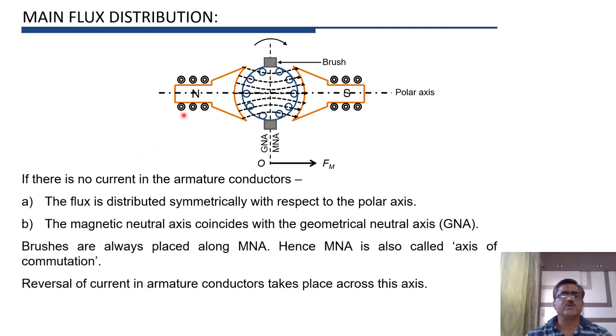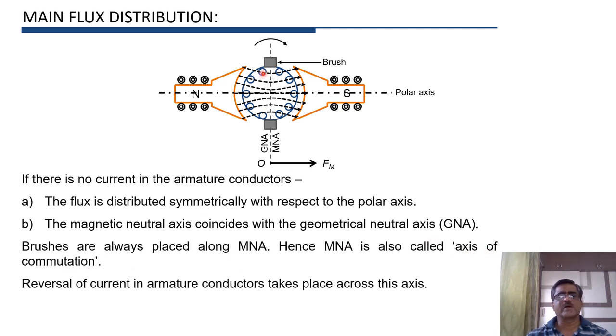Now here you should note that brushes are always placed along MNA. So brushes are always placed along magnetic neutral axis. And that's why MNA is also called the axis of commutation. We have studied commutation already.